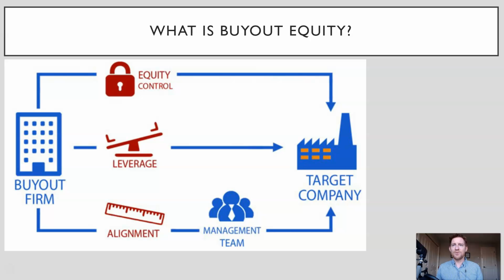A lot of times you leave a little slice of equity for management or the former owner, so they stay invested post buyout. Then you use leverage. You use a lot of debt to perform this buyout, which also happens to increase your investment returns over time. And then you ensure that the management team is aligned with your firm's goals and the way that you want this company run.